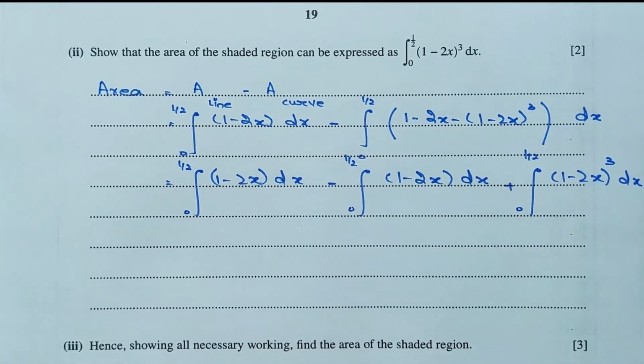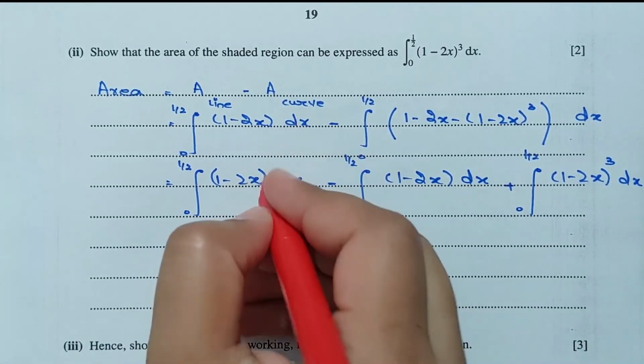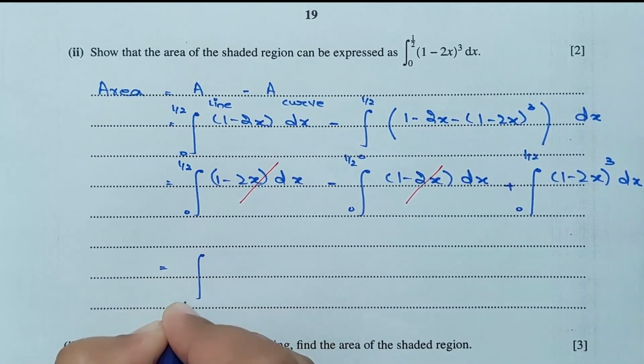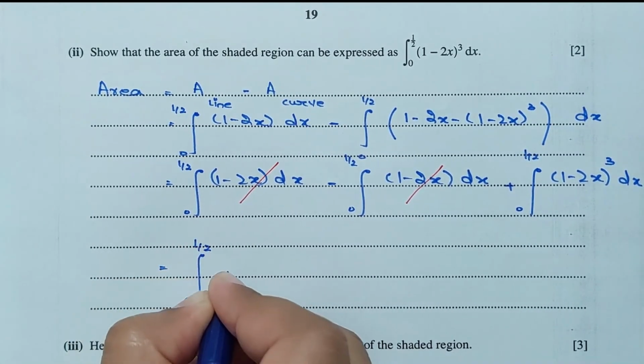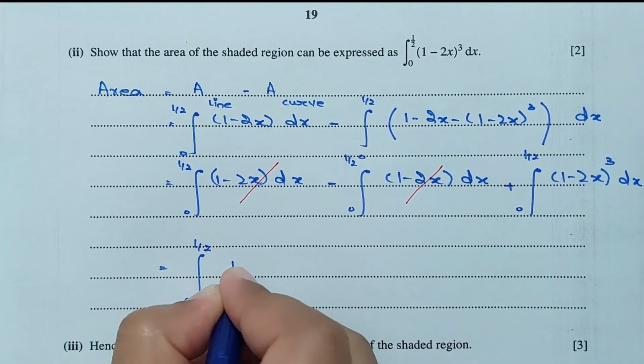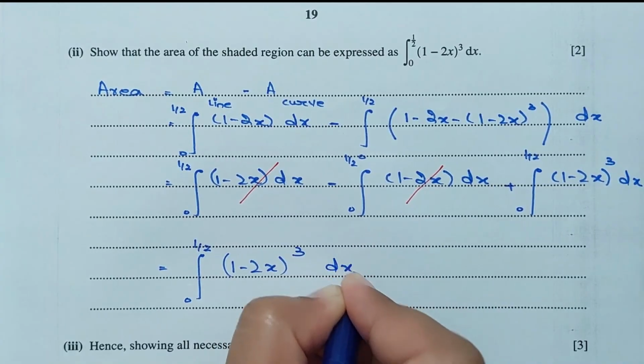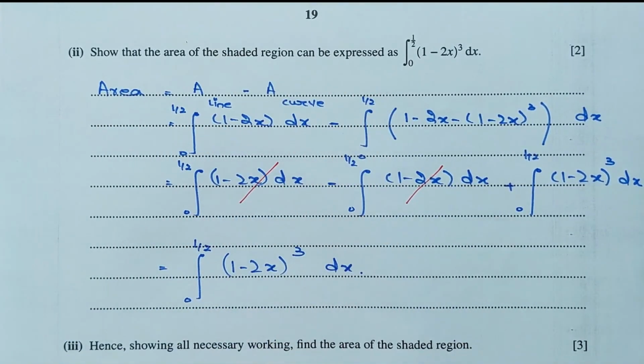Now you can see we have a positive and a negative integral with the same limits and the same integrand. We can cancel them out and we have the area as the integral from 0 to 1 by 2 of (1 minus 2x) whole cube dx. So that is the area of the shaded region.